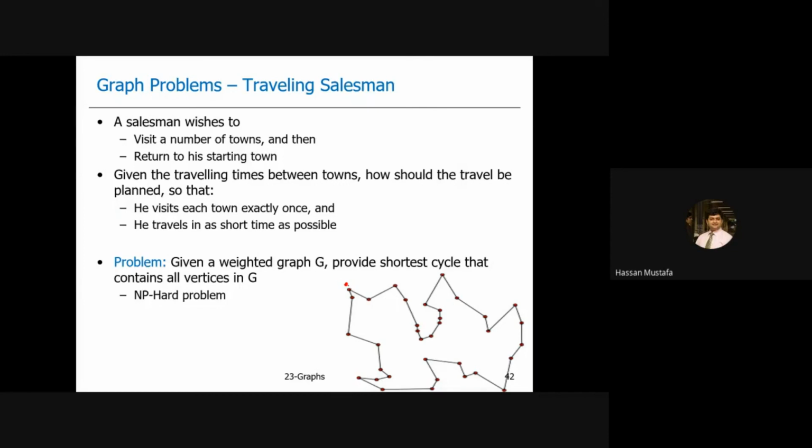And in this case, he should not repeat the vertices. Okay, it should be a simple cycle. This problem again is an NP hard problem. So if we prove that any problem that we have is similar to this traveling salesman problem, then we can say that it's an NP hard problem, and the solution to this should not be to find all the possible solutions and find the best one among them.